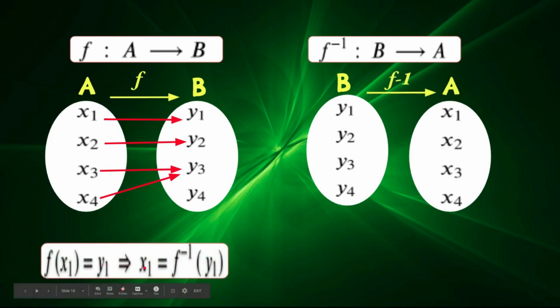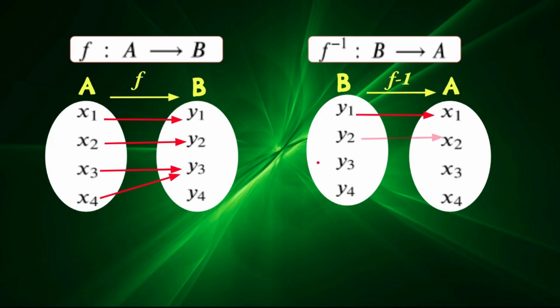Then clearly x1 is f inverse of y1. So y1 maps to x1, that is f inverse of y1 equals x1. f inverse of y2 is x2 because x2 maps to y2. And here x3 maps to y3, then clearly y3 maps to x3 in the inverse, and here x4 maps to y3, then y3 maps to x4 here.